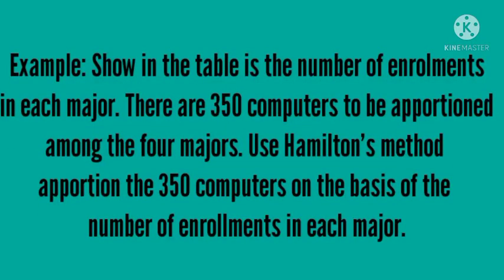Example. Shown in the table is the number of enrollments in each major. There are 350 computers to be apportioned among the 4 majors. Use Hamilton's method to apportion the 350 computers on the basis of the numbers of enrollments in each major.